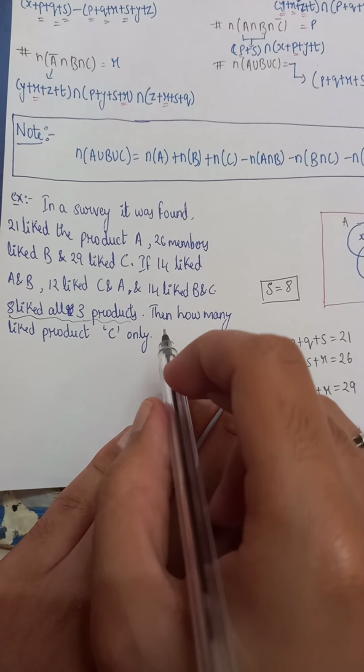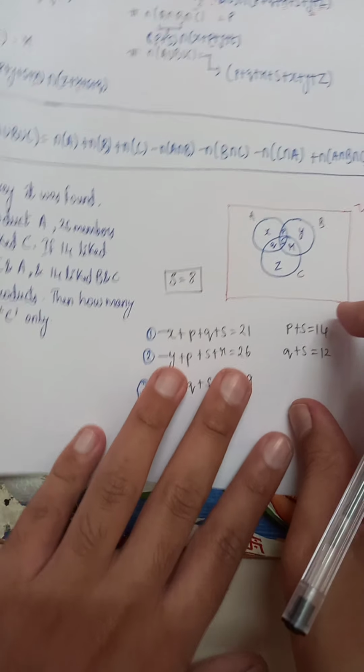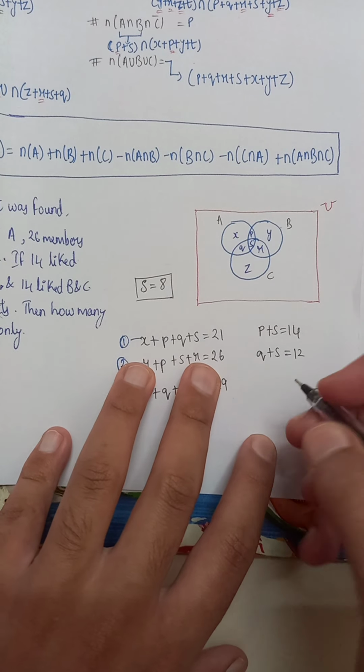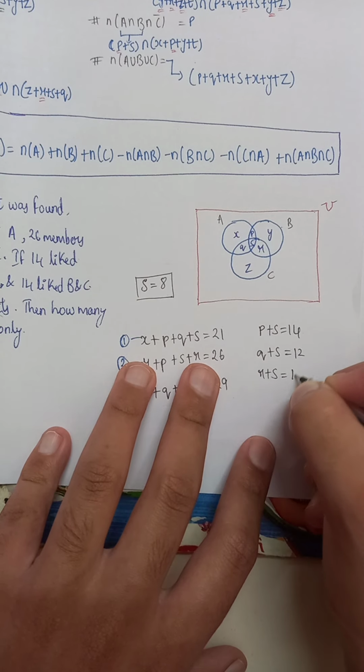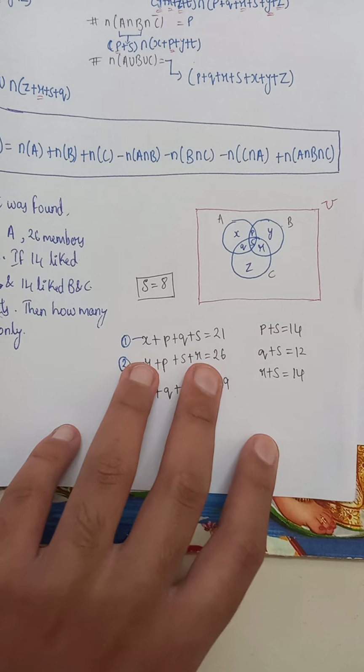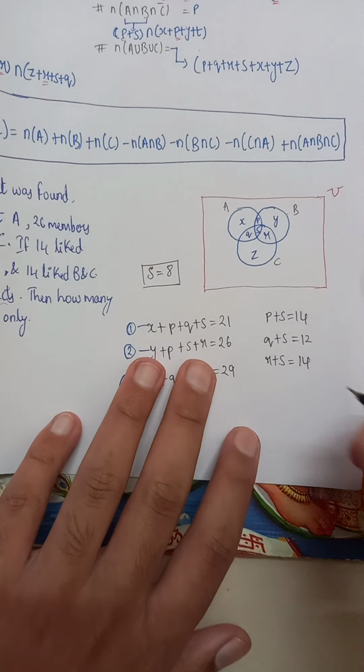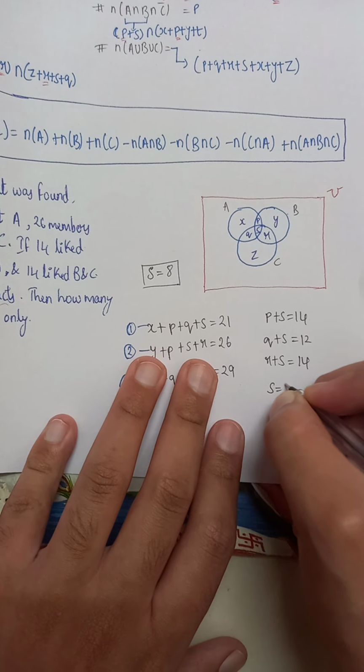And 14 liked B and C. The common parts under B and C: R plus S is equal to 14. Since we know that S is equal to 8, write this here.